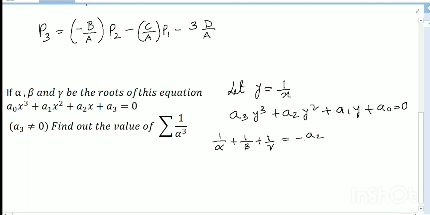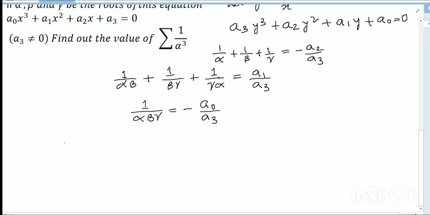So this formula is my p1. Now I have to find out p2. 1 by alpha beta plus 1 by beta gamma plus 1 by gamma alpha is equal to a1 by a3, and 1 by alpha beta gamma is equal to minus a0 by a3. Now p1 is equal to minus a2 by a3.